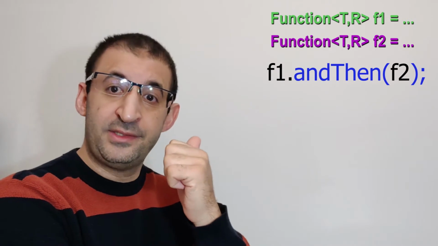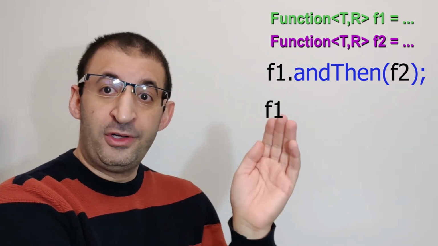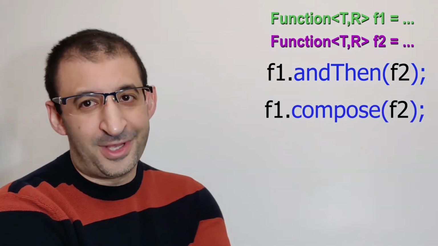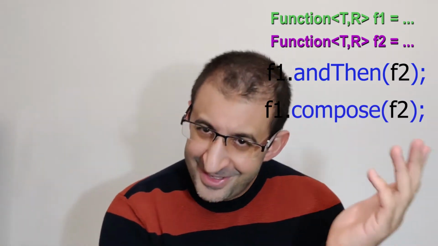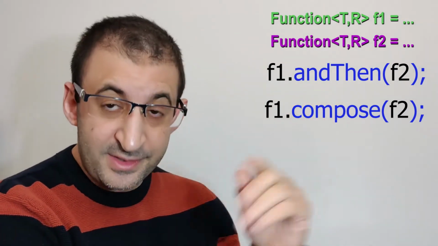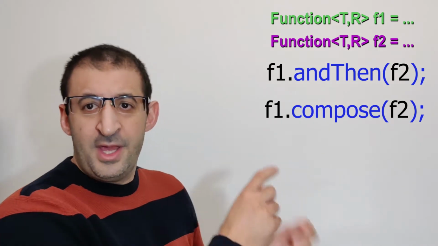And the second one is f1 dot compose f2. Of course, you will ask me, what is the difference between them? Don't worry, I will answer this. So we have these two default methods, andThen and compose, in the function interface, and the difference between them is so simple.